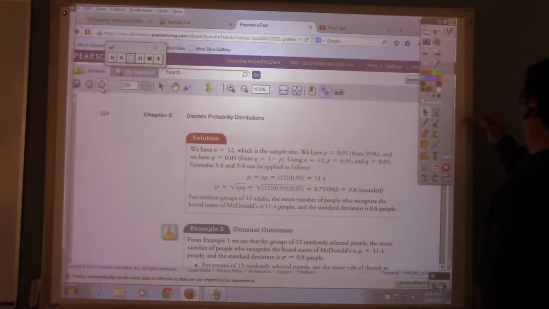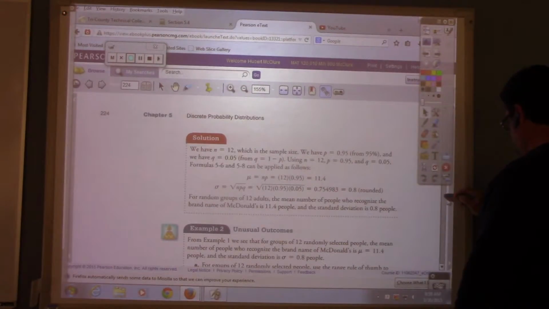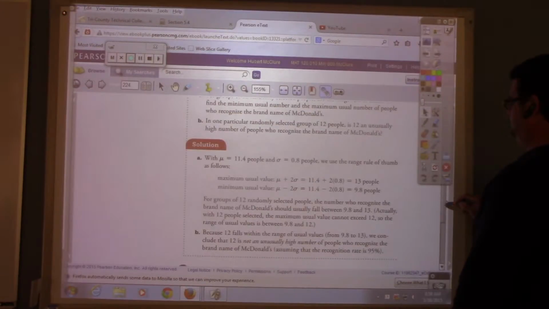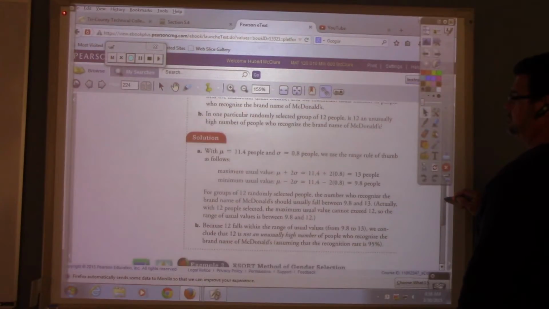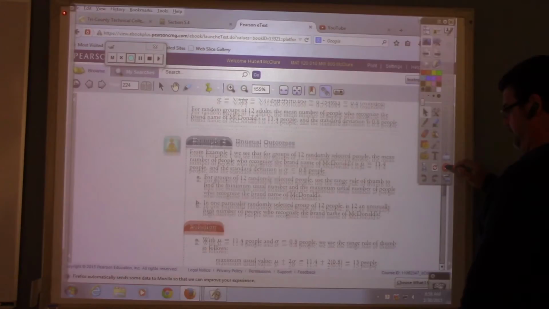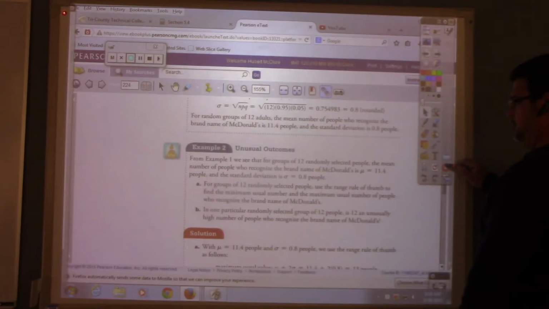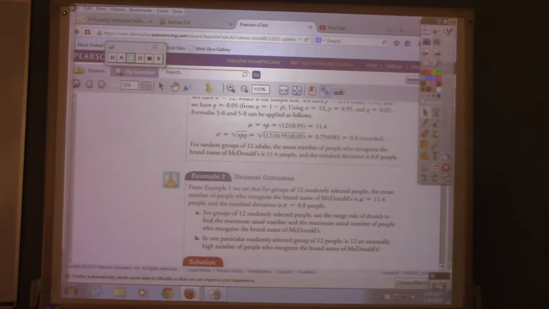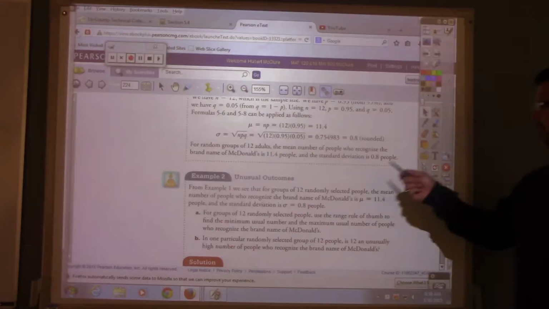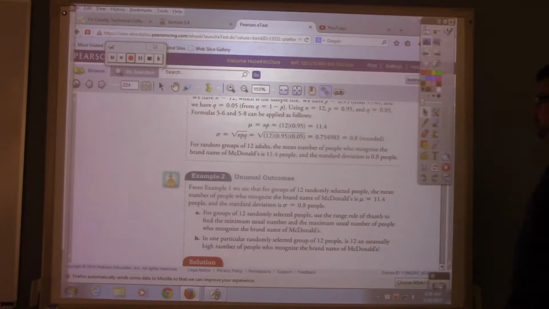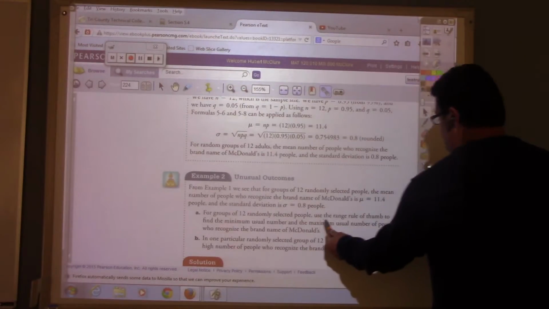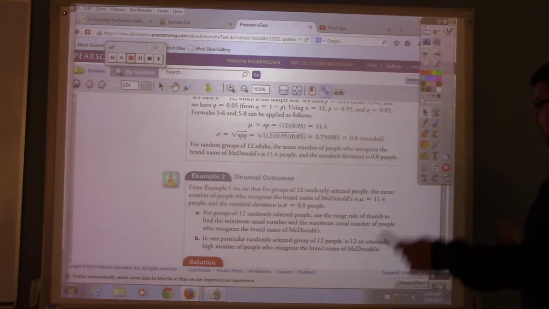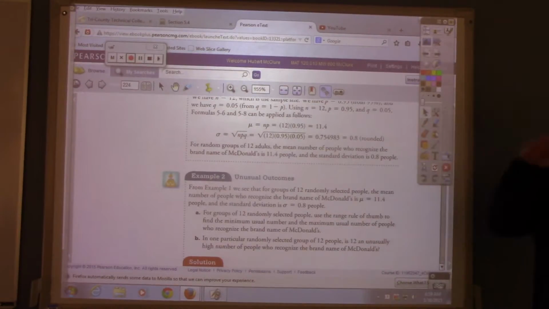Let's see if they got another example. Let's see. I'd like to do one with an answer. Okay, here's one. From example 1, we see that for a group of 12 randomly selected people, use the range. Oh, we already did that. We did the range rule of thumb, that's the normal distribution.